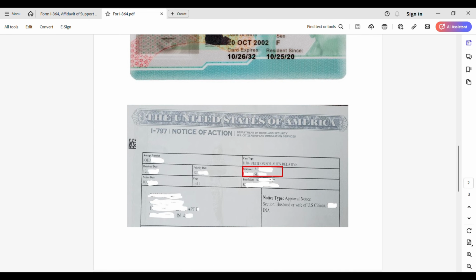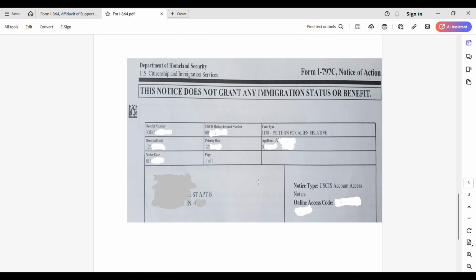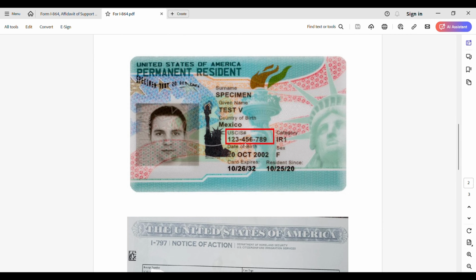I'm sorry, we're talking about the USCIS online account. This is right here, the USCIS online account number. And you can see a receipt number right here. It starts with IOE number, meaning you have a USCIS online account number. For a green card holder, this is your A number right here. I'm sorry, I didn't mention that, if you are a green card holder.